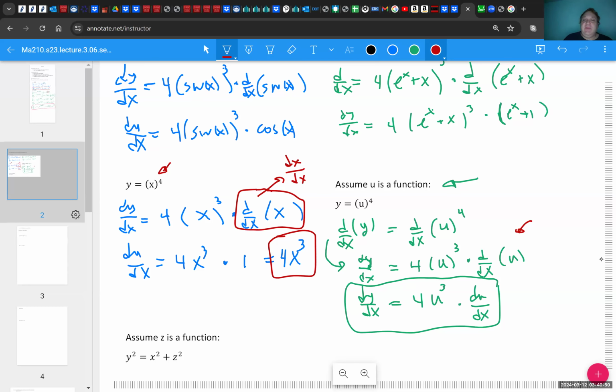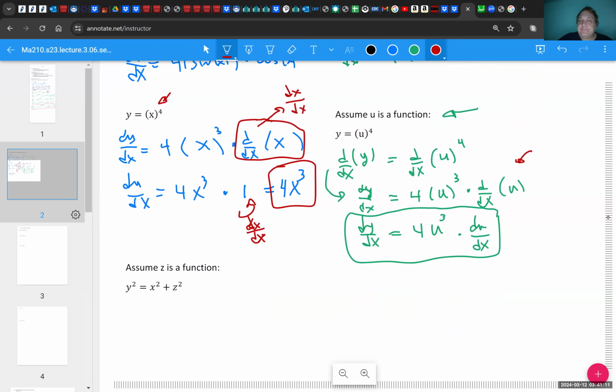Well, anything over itself is equal to 1. So that's in fact why we get the 1 right here. It's really just dx dx, which simplifies to be 1. I'm not sure if that helps or not. I'm going to be writing some dx over dx's occasionally. So we know it simplifies to be 1, but I'm just going to try to set up the strategy, the pattern as we go along.